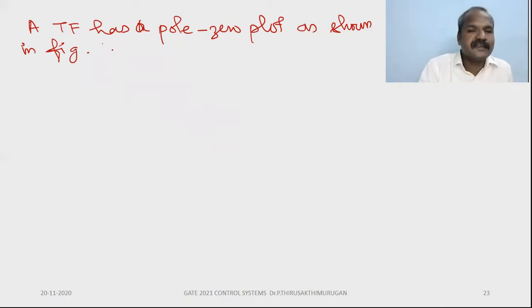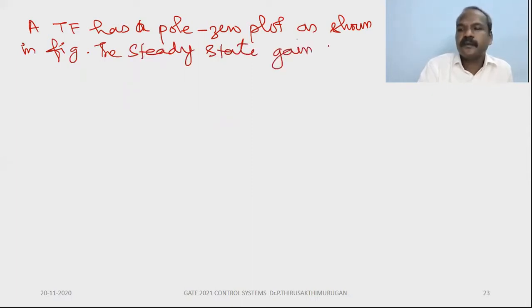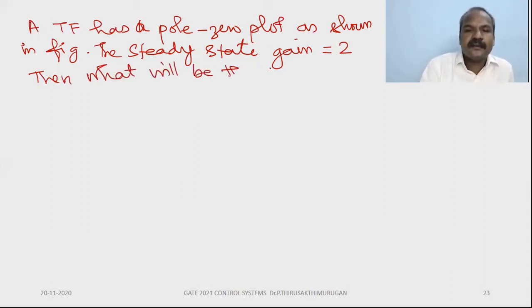The steady state gain is given as 2. Then what will be the transfer function G(s)?